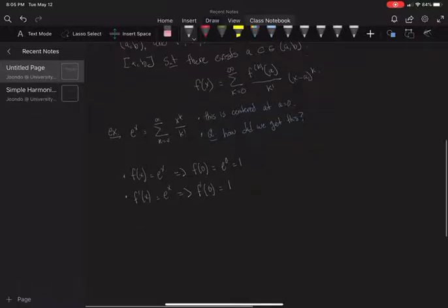And in fact, all the way to the k minus 1th derivative of f of x, which is going to be e to the x. This means that the k minus 1th derivative at 0 is going to be 1. But here's the thing.